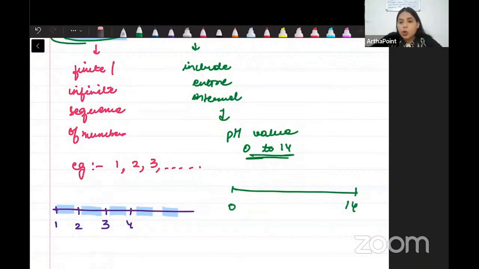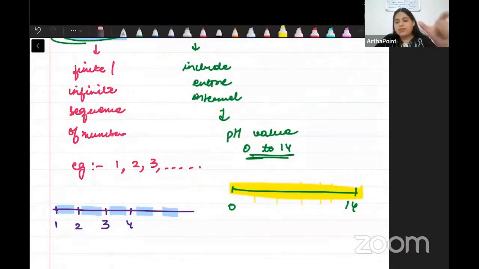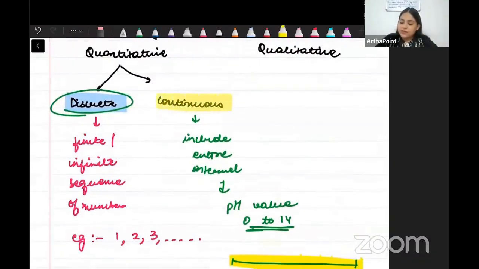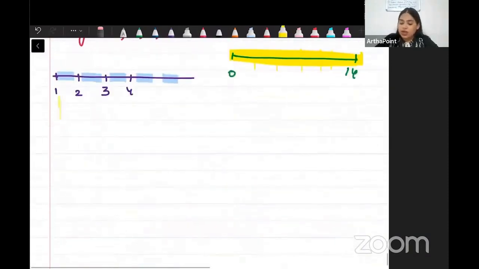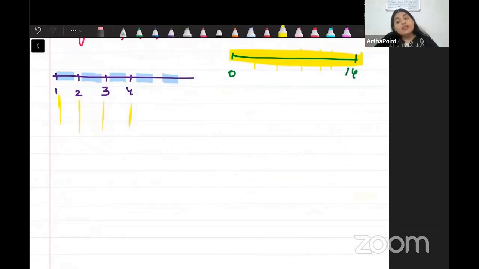It can be 0.2, it can be 7.8, it can be 9.33. So I am not including only discrete numbers. I am including every number between 0 to 14, including integers. Discrete is when you only include these, but nothing in between, and continuous is when you include the entire interval, with everything inside that interval also included.